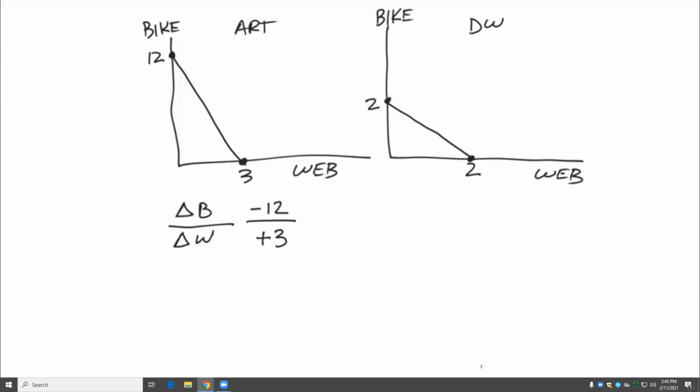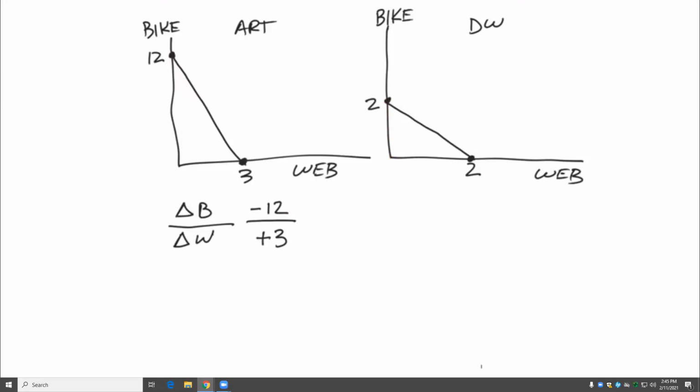Now let's calculate the opportunity cost for DW. Well, if she's sitting here at 2 bike repairs, producing 0 web pages, if she goes from 0 out to 2 web pages, she's going to have to decrease her bike repairs by 2. So 2 web pages cost her 2 bike repairs.